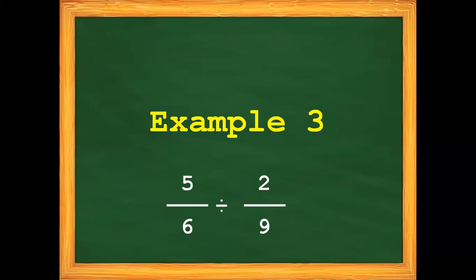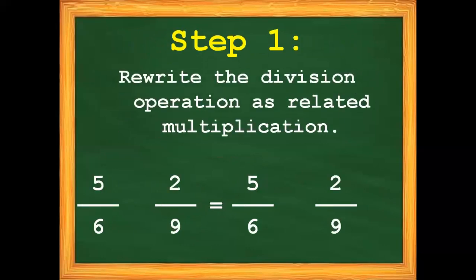Example number 3. We have 5/6 divided by 2/9. So again, step number 1, rewrite the division operation as related to multiplication. So 5/6 divided by 2/9, change it into multiplication. So we have now 5/6 times 2/9.